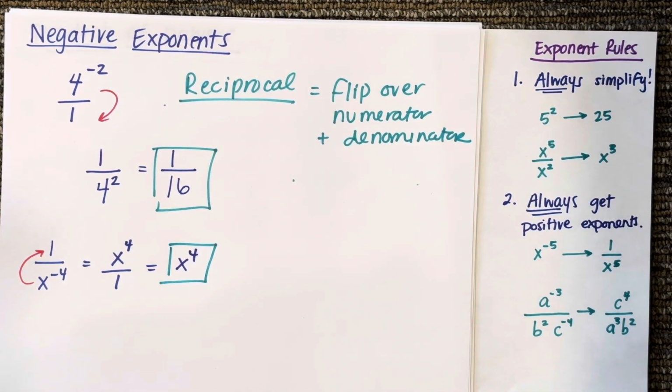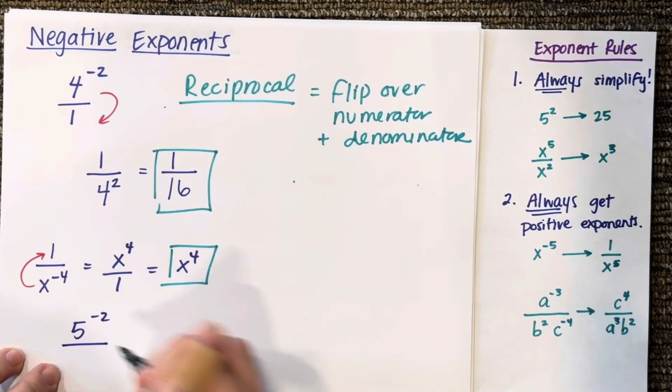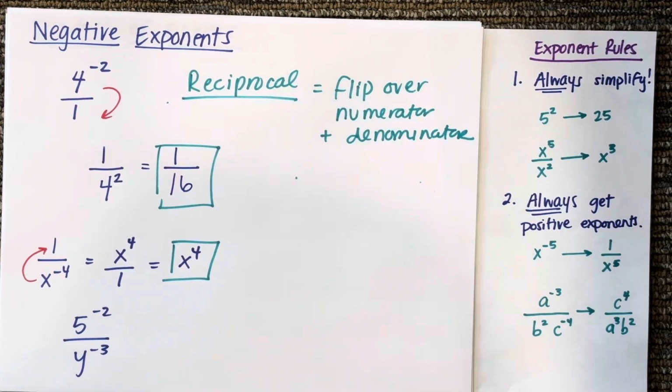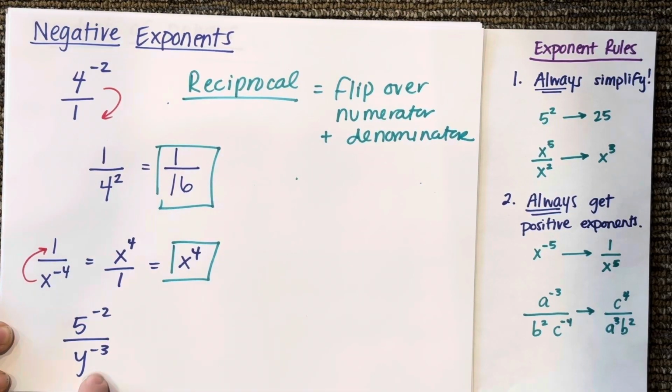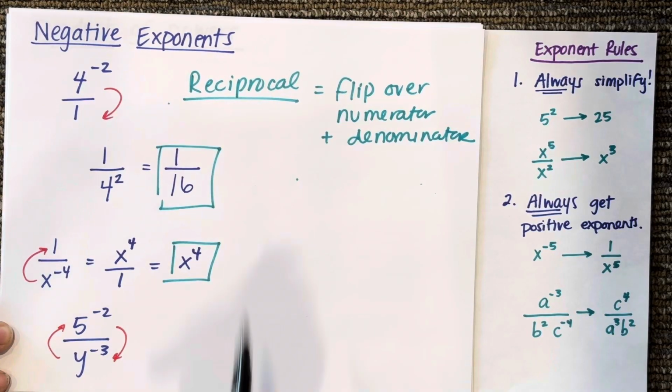Okay, not too terrible. You could have it so that there's multiple things. So what if you had 5 to the -2 power divided by y to the -3 power? Both of these bases are unhappy. This 5 doesn't want to be in the numerator. This y doesn't want to be in the denominator. They both want to flip-flop.